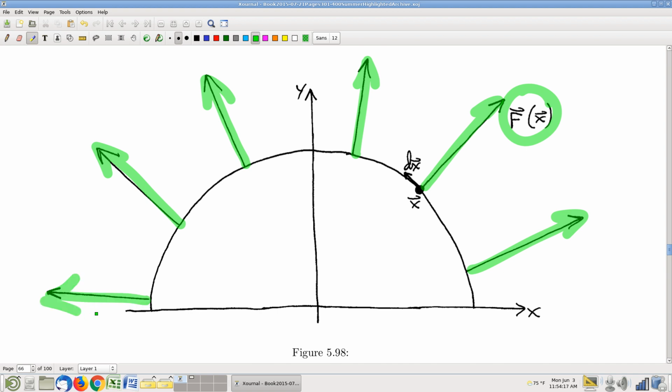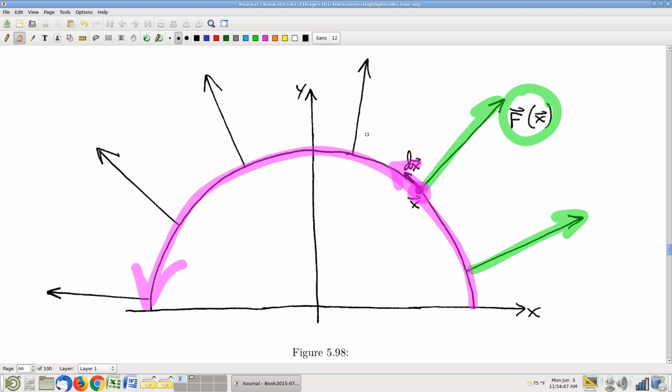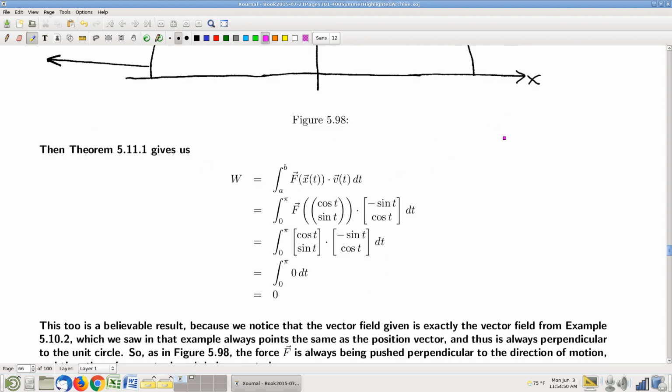And as you move along the path, notice that wherever you might happen to be, you are always moving perpendicular to the forces. So not only should you, of course, get 0, but you can see that we're getting 0 as a total because, furthermore, we are adding up a bunch of zeros. These dot products are all individually 0. Okay. All right, so that's a plausible result here.